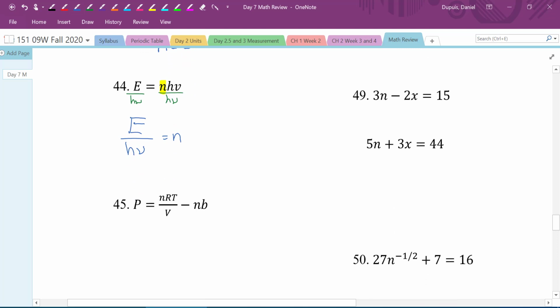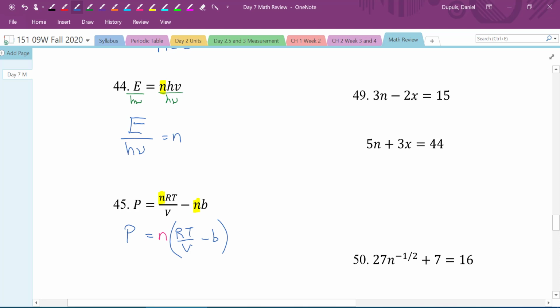45. Where's n at? N's here. N's here. Well, I'm going to do the opposite of what we normally do. Right? Normally, we factor. I'm going to do the opposite. P equals n times RT over V minus B. All right? I'm going to do that.